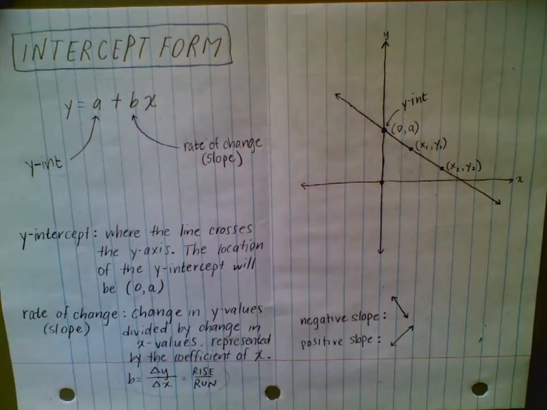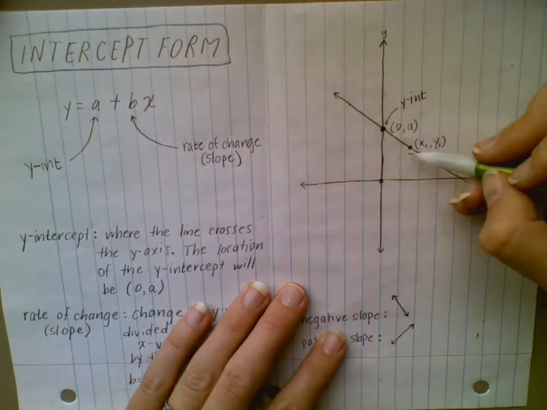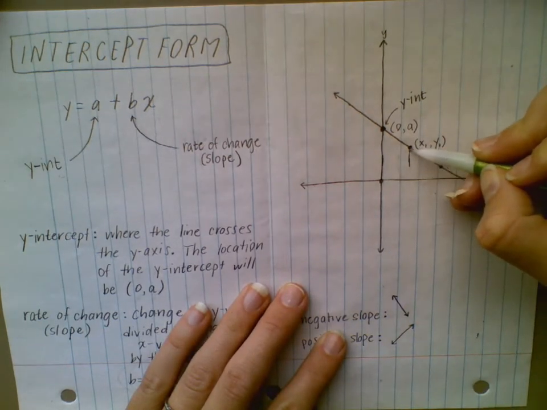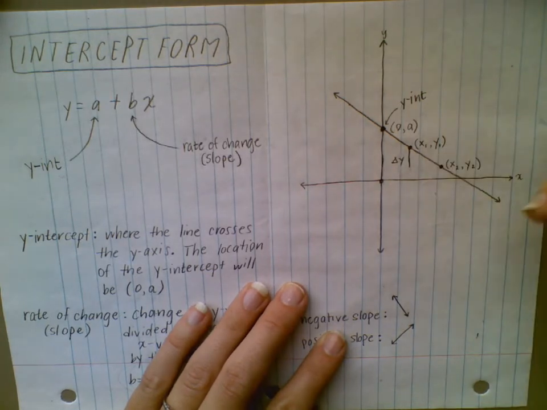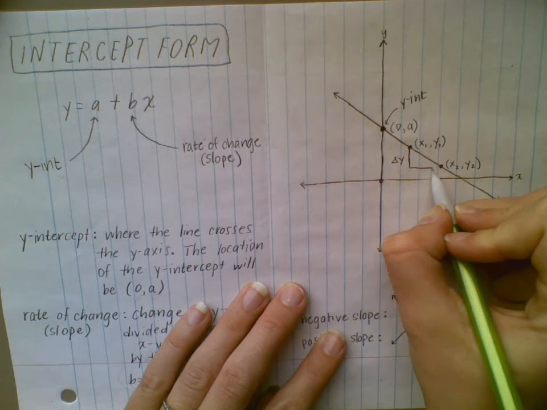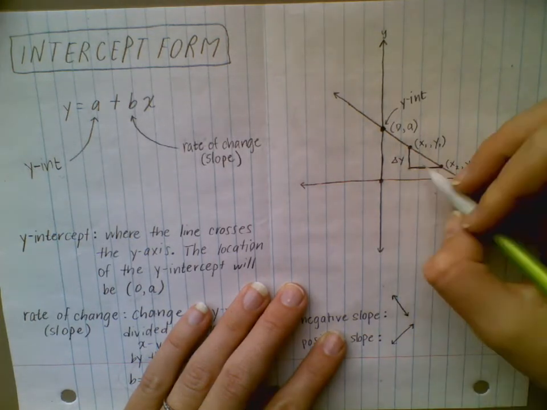So if I wanted to find the slope, I look for the change in y. Remember, the y is the vertical piece. So this change in y divided by the change in x. Remember, x is the horizontal piece.